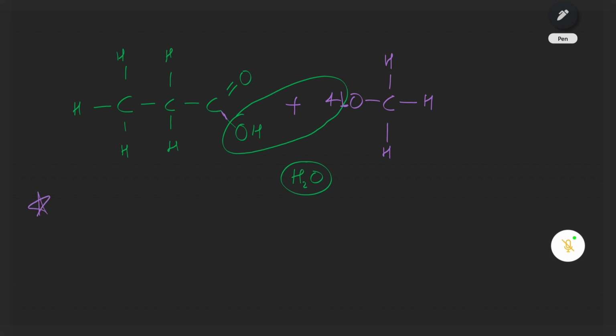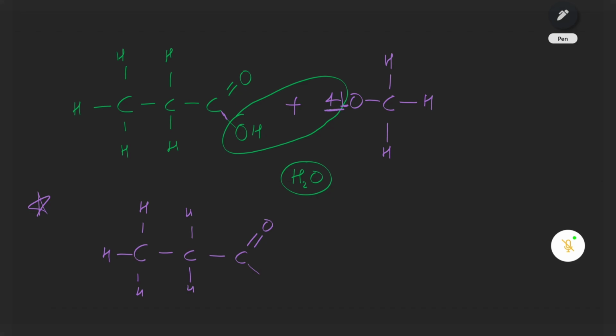Whenever you are drawing an ester's displayed formula, always draw the carboxylic acid first. Just draw propanoic acid, with hydrogen, hydrogen, hydrogen, hydrogen, and hydrogen. The OH is left from the carboxylic acid and the hydrogen is left from the alcohol.